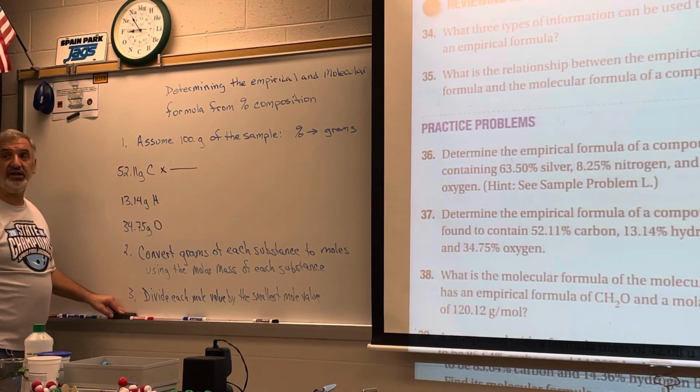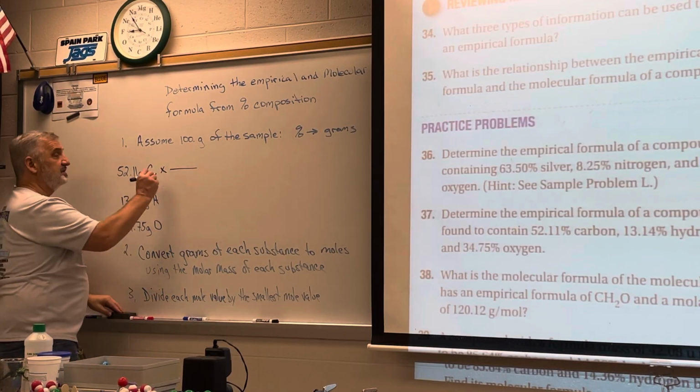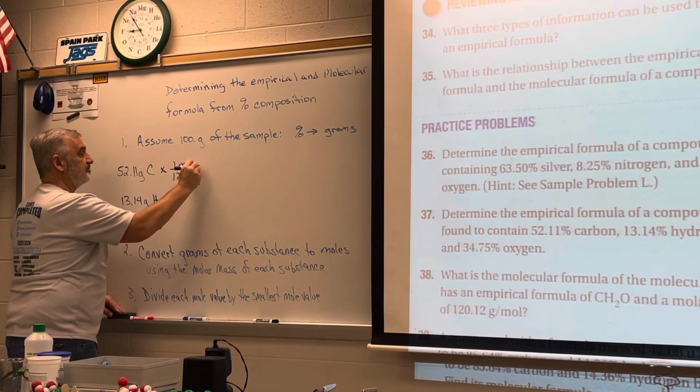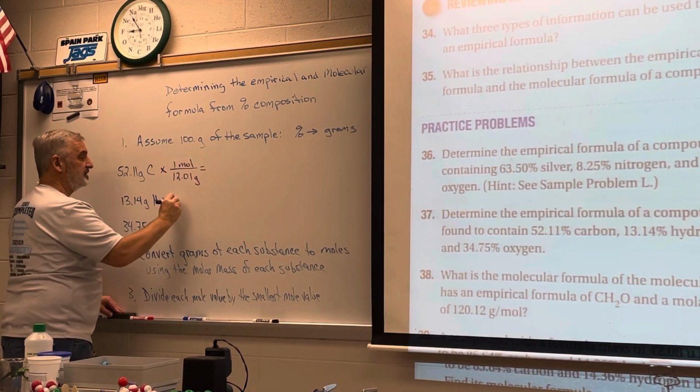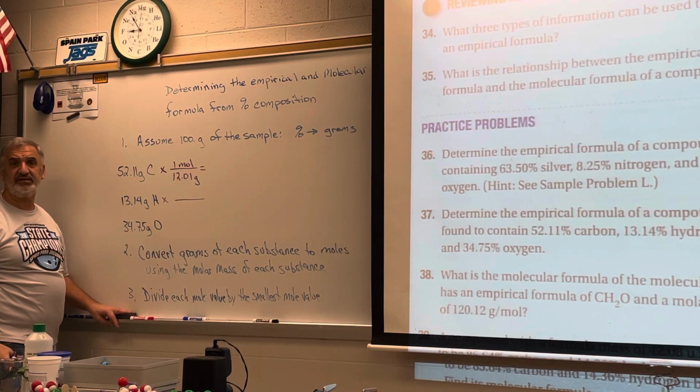And where does grams need to go? Because grams is on the top, I'm going to divide. So I'm going to say 1 mole over 12.01 grams. What am I going to do for hydrogen? What do we know hydrogen's molar mass is, the atomic mass? 1.01.